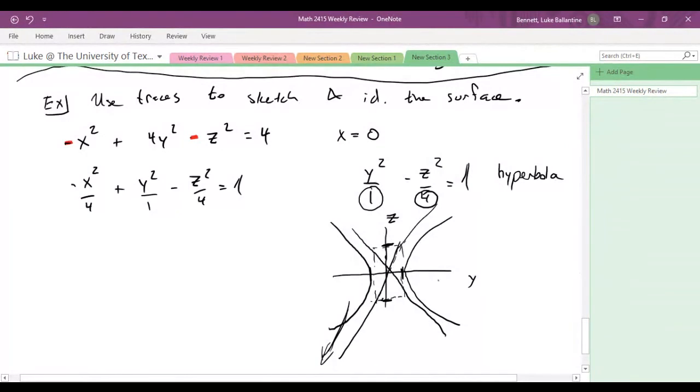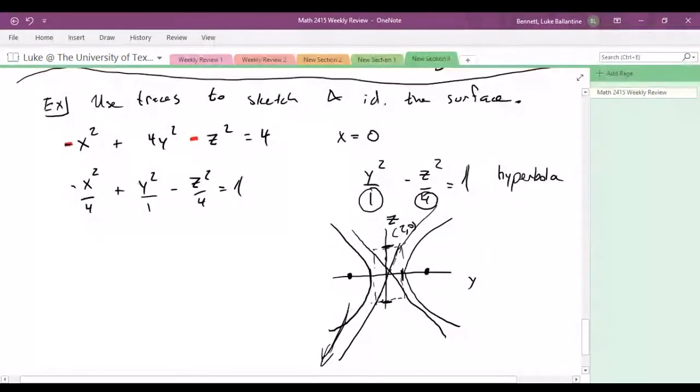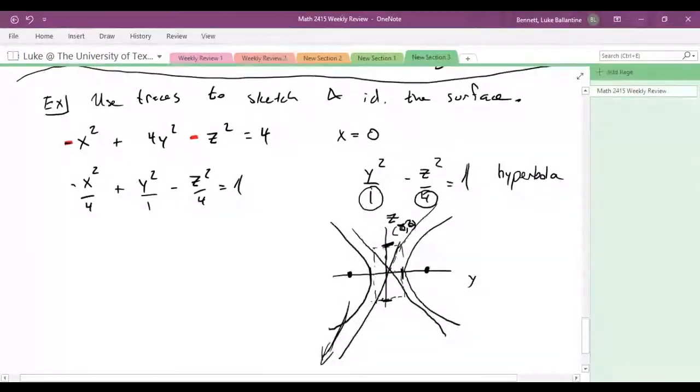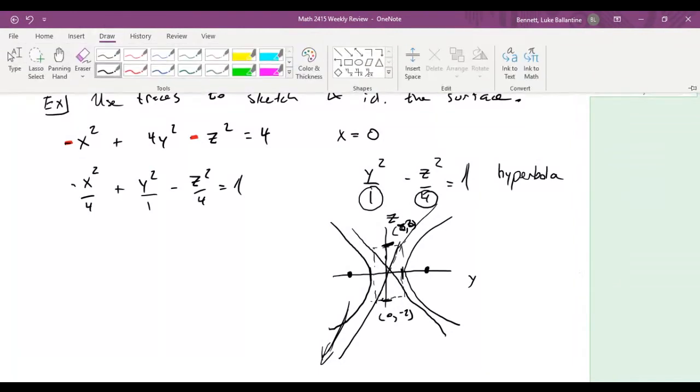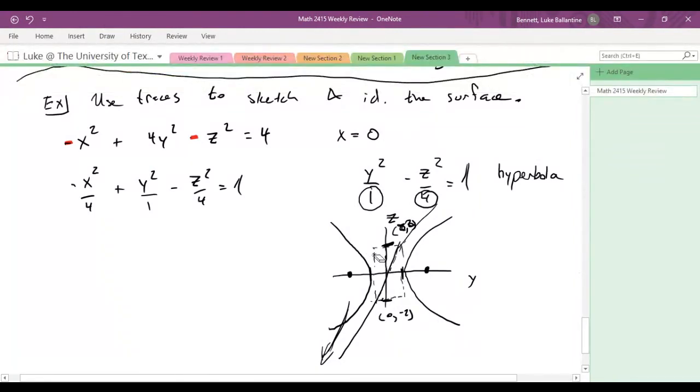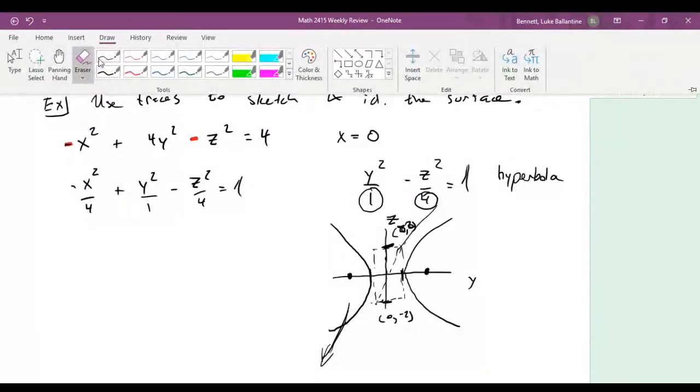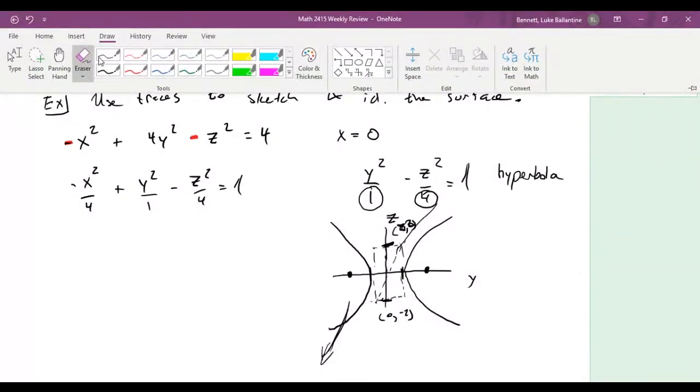This 4 would also determine where the foci are, because this would be 2, 0, or 0, 2, and this would be 0, negative 2. But that's kind of irrelevant. You just want to know generally what it looks like. So yeah.